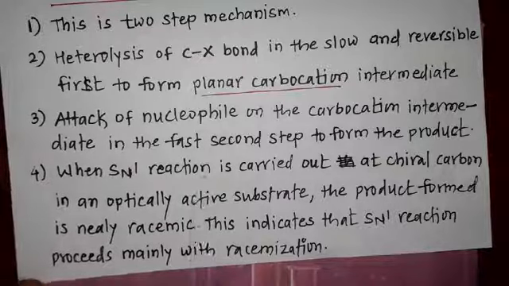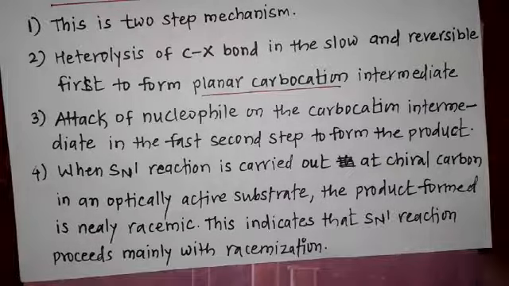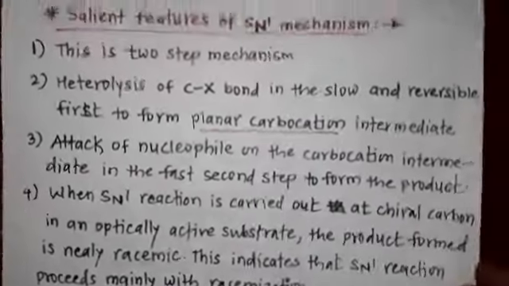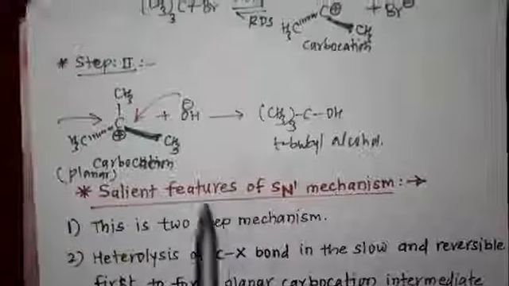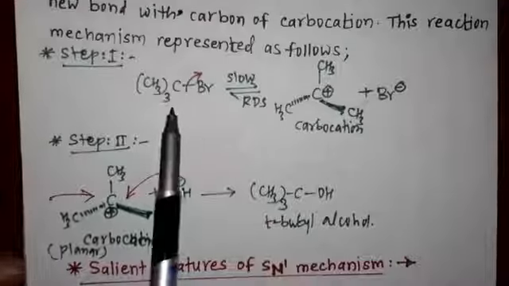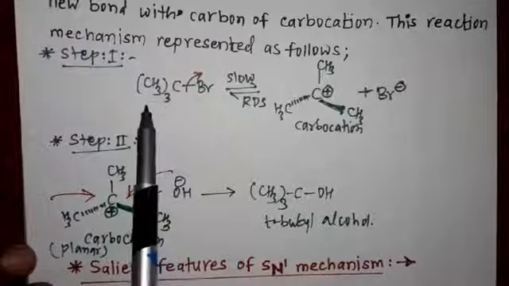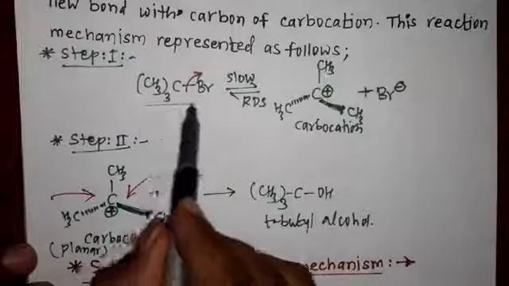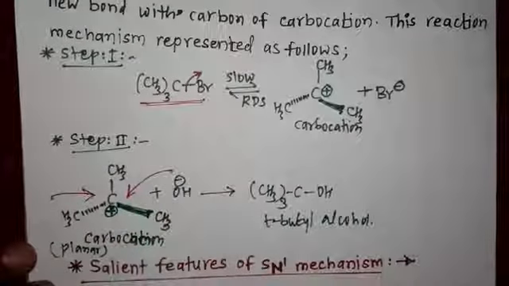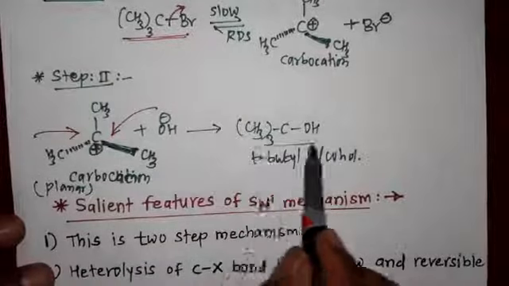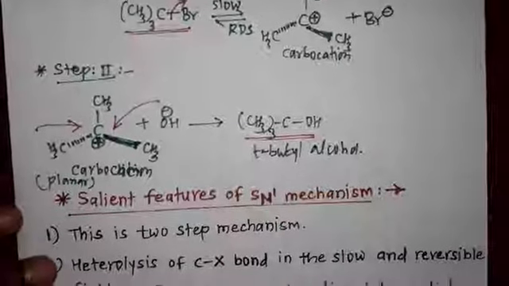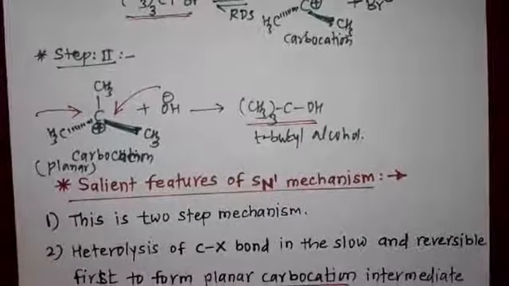This fourth point indicates that if we take an optically active substrate, then the alcohol product is formed as a racemic mixture.